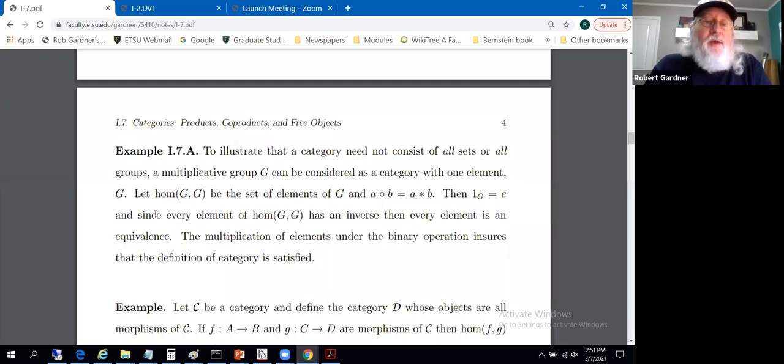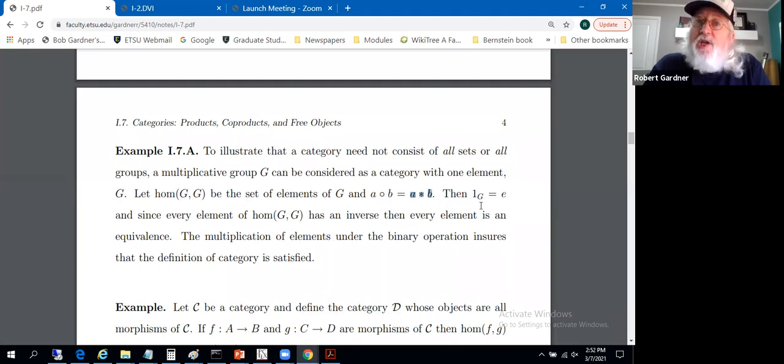Now, we would need then the Hom(G, G). We need to define that. So we'll define that as mapping the ordered pair (A, B) to the binary operation AB. So we're using the binary operation in the group to define this composition.